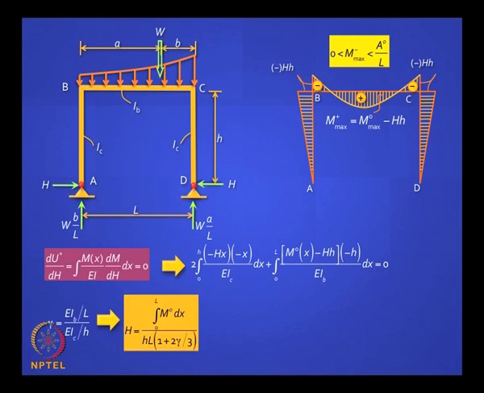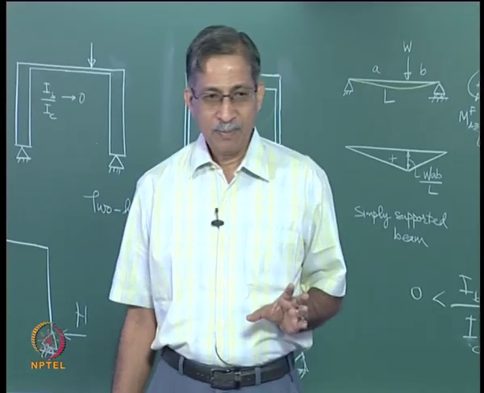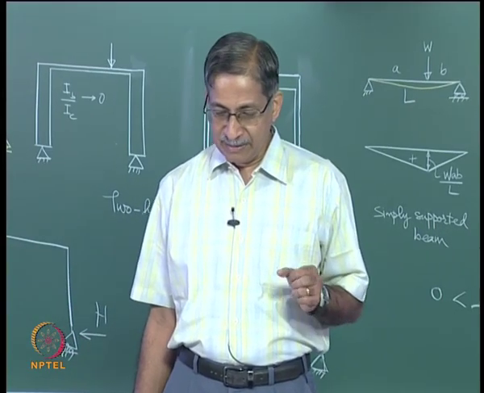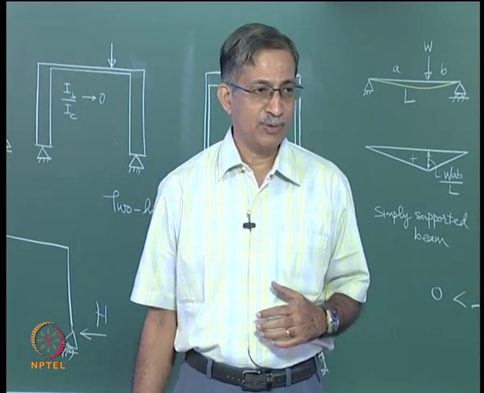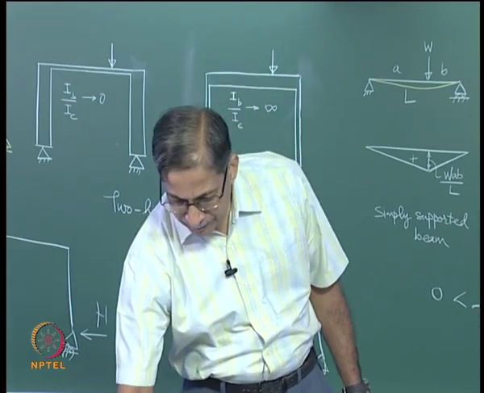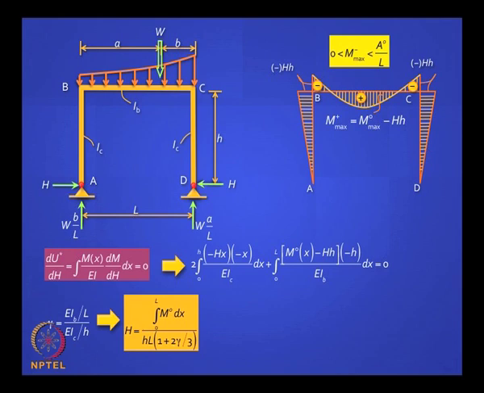Now let us introduce a parameter which you can call a stiffness parameter, gamma, where I take the relative stiffness of the beam to the column, so EI_B by L to EI_C by h. That gets rid of all those variables and makes it generalized. What are the limits of gamma?